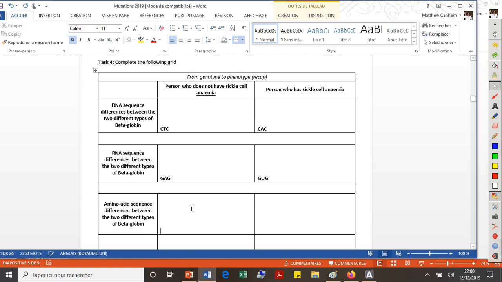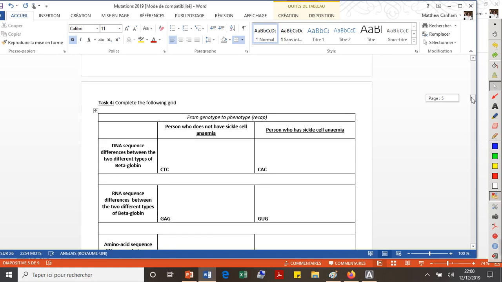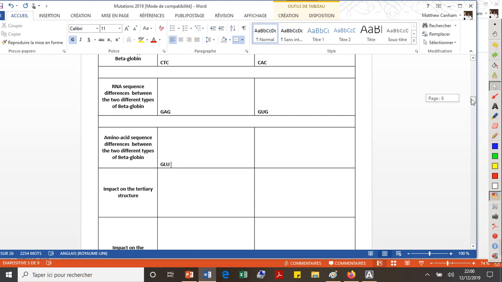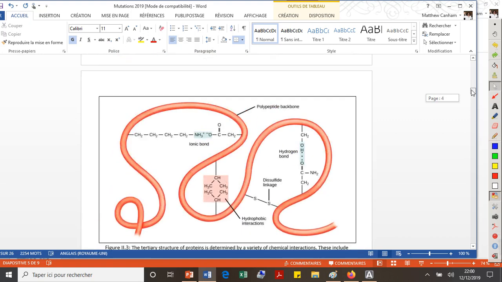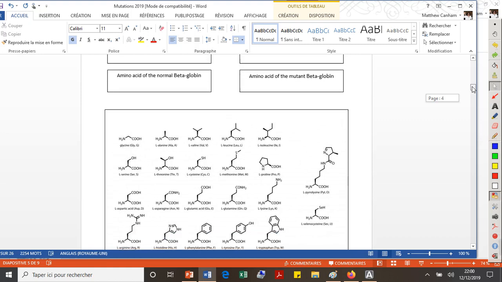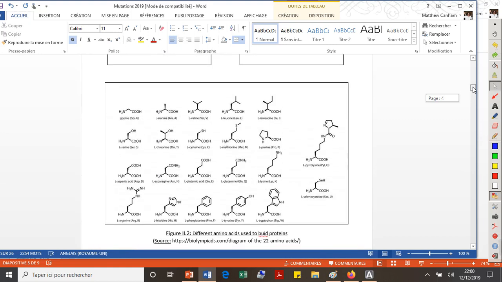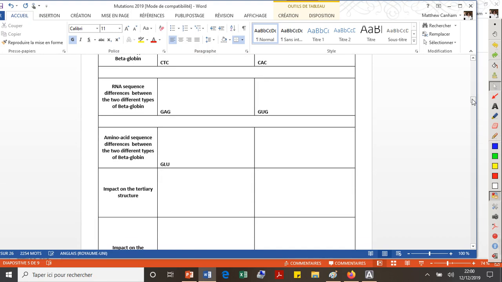Okay, so the corresponding amino acid for GAG is going to be glue. So glue, we said that glue is glutamic acid. Okay. So what about GUG?